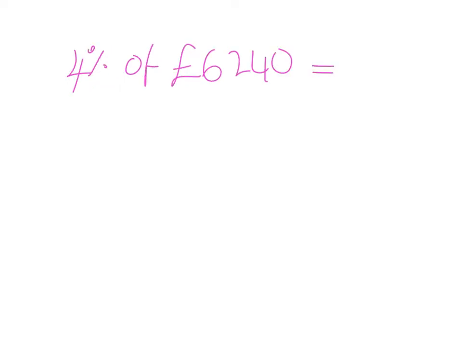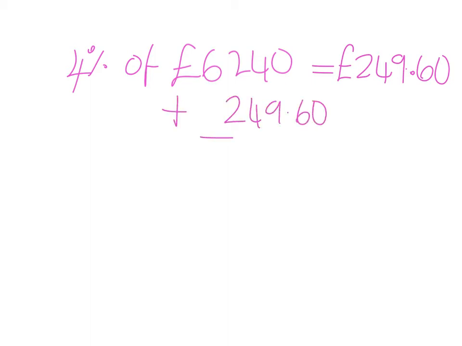And so in year 2, rather than earning £240 of interest, we're going to earn £249.60. And so we'll add that on to the total from the beginning, which was the 6,240. And we get a total at the end of year 2 of £6,489.60.